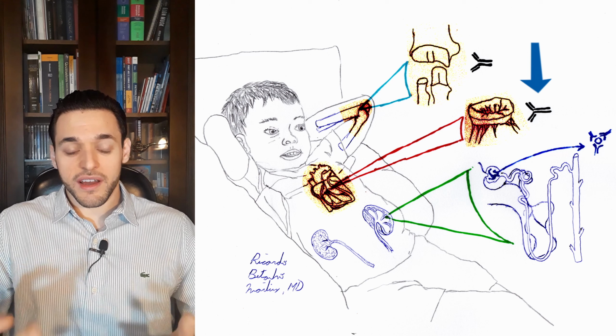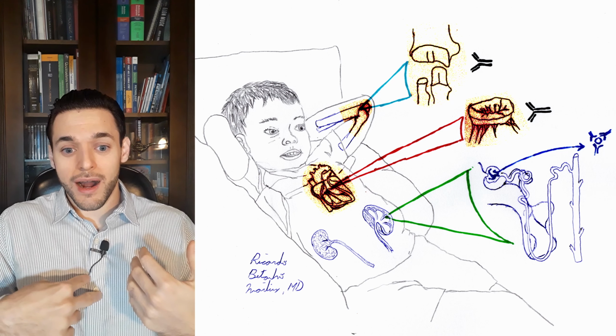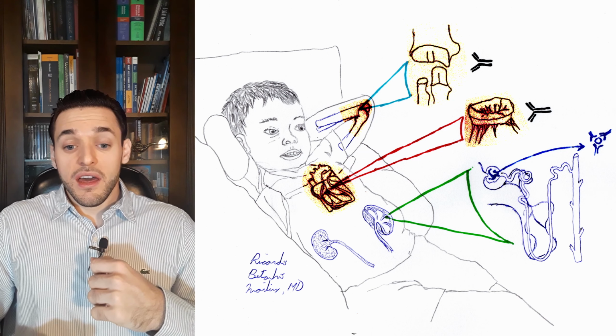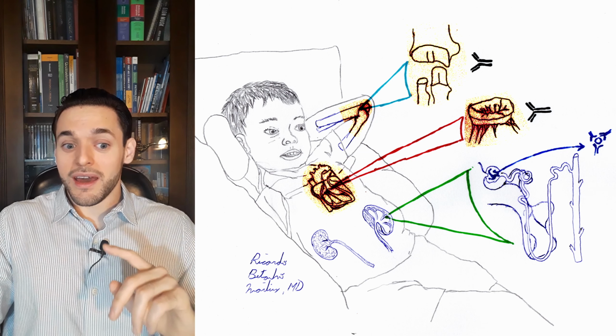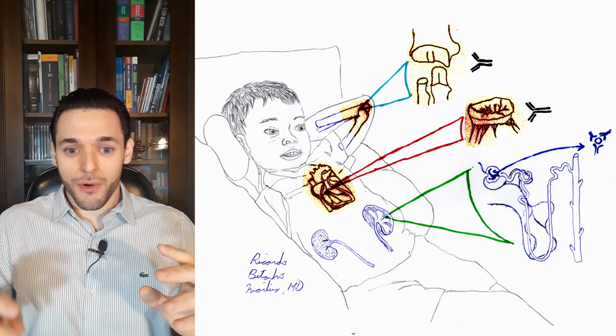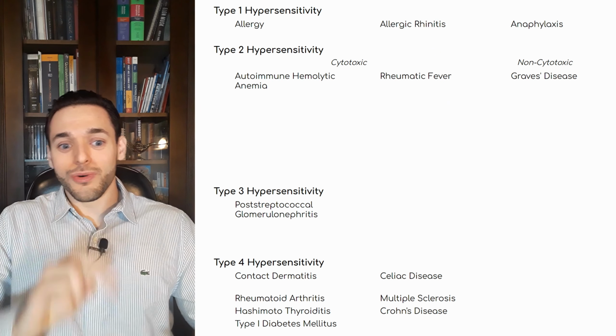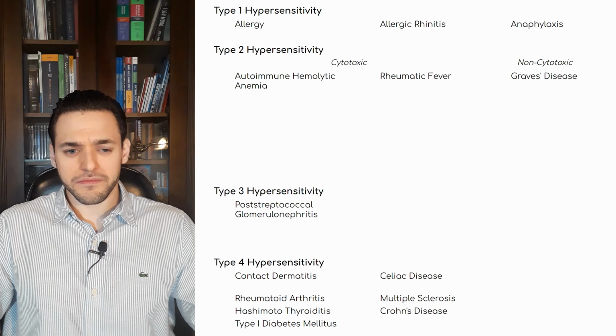The antibodies against the streptococcal cell wall end up binding to heart and joint cells. And if we are talking about antibodies attacking cells, we are talking about IgM or IgG immunoglobulins, and this is a type 2 hypersensitive reaction.